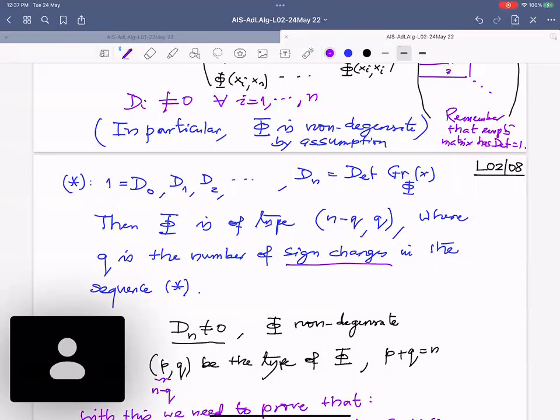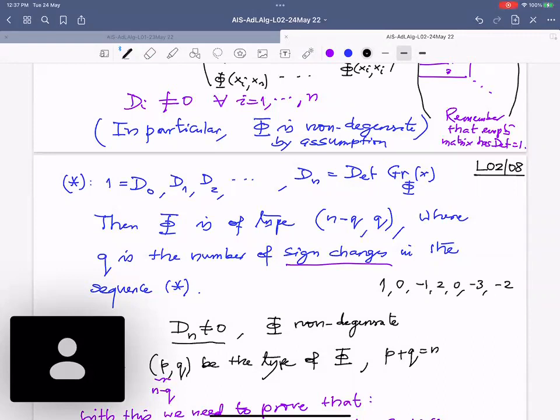Zeros are not there in our case, but in general, suppose your sequence is like this: 1, 0, -1, 2, -3, -2, and you can put zeros also, say 2, 0, 0. This is your sequence. Now let us compute the number of sign changes.